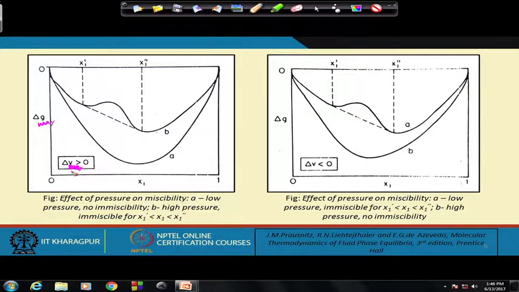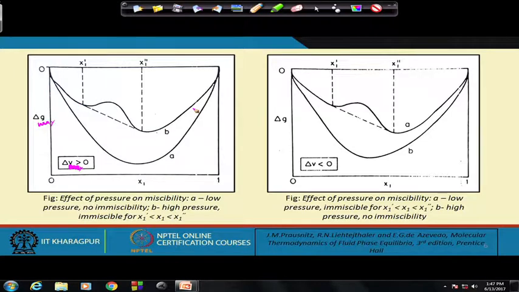So, when we go to a higher pressure, we find that delta G mix is increased and there is a hump, as a result of which partial miscibility results, and in this particular composition range given by x1 prime and x1 double prime, the two components separate out into two liquid phases while they are miscible beyond x1 prime and beyond x1 double prime.